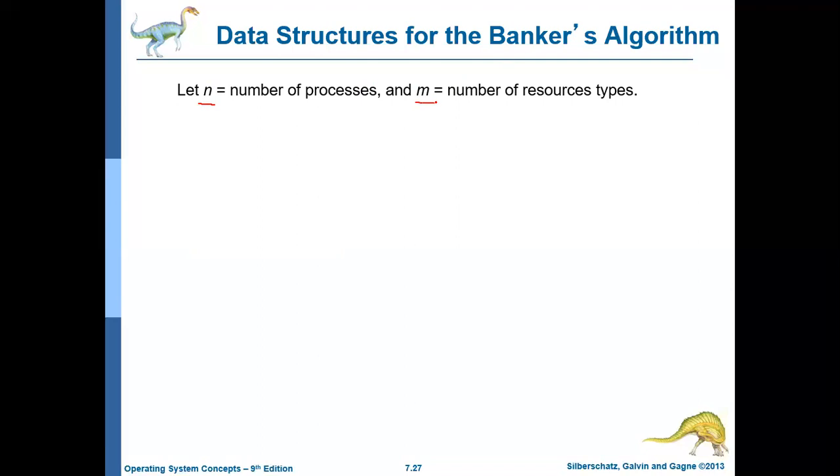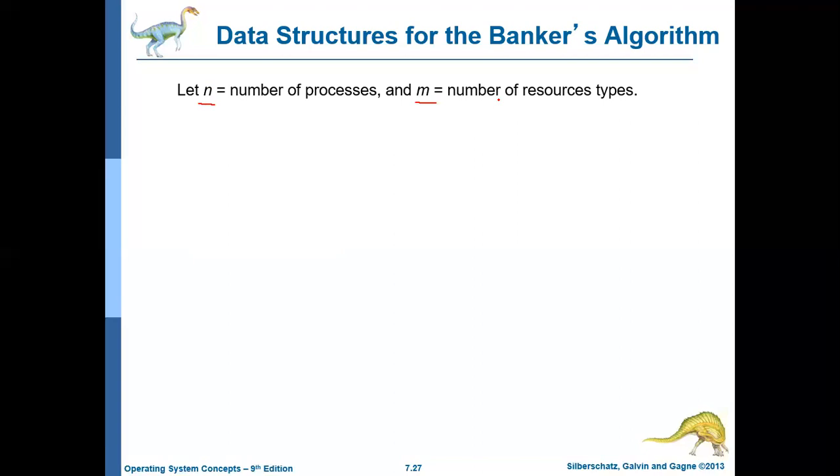I think you remember resource type. Resource type means different types of resource. Resource type 1 may be a hard disk, resource type 2 may be a printer, resource type 3 may be a scanner, like that. And each type can have multiple instances.